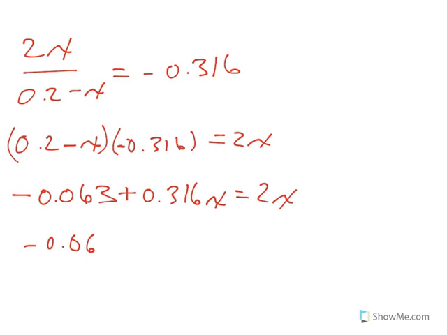So negative 0.063 will be equal to 1.684x. And x in this case would be a negative number, which would give me a negative concentration, so that makes no sense, so we cannot use the negative root.